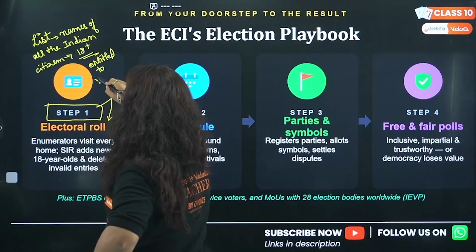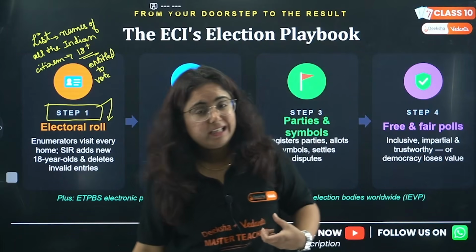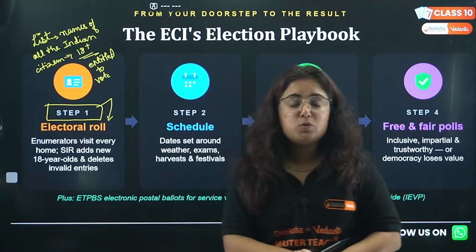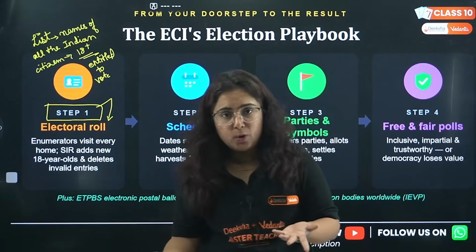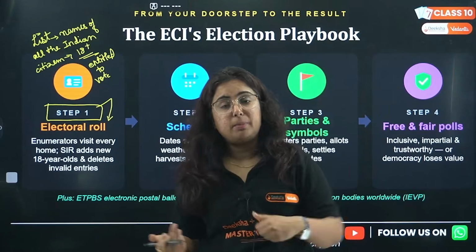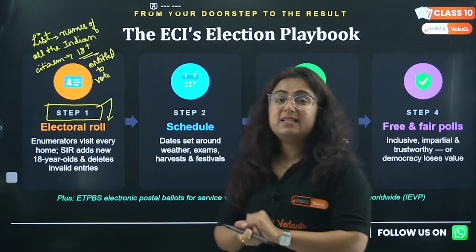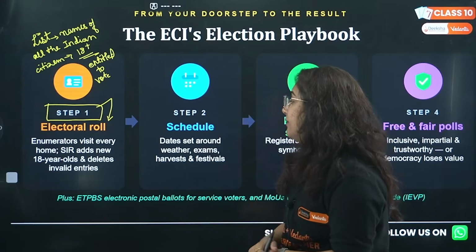Every year there might be new members turning 18, and members who are no more. There are also members who are newly taking Indian citizenship from another country, and hence these electoral rolls should be revised.